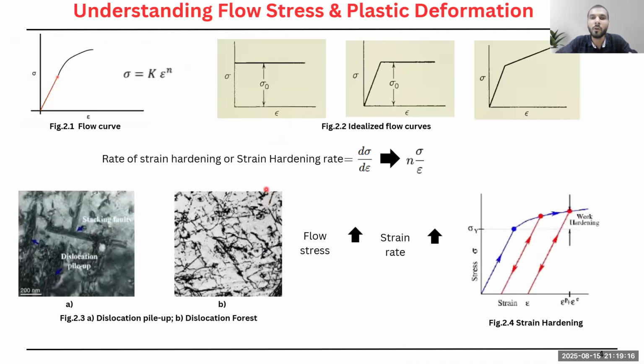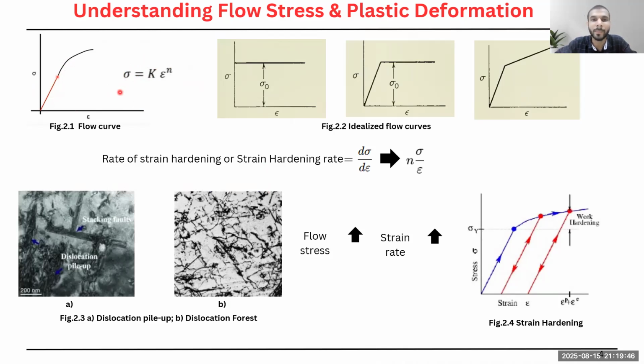So now we will understand how the flow stress affects the plastic deformation, or how this material resists the plastic flow. Now I have this stress strain curve here. I have this elastic region which is represented by this red line, and I have this plastic region. It can be written in a mathematical way as sigma is equal to k times epsilon to the power n, where k and n are both material constants.